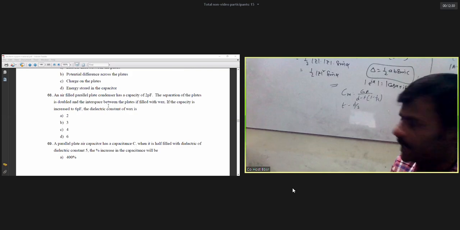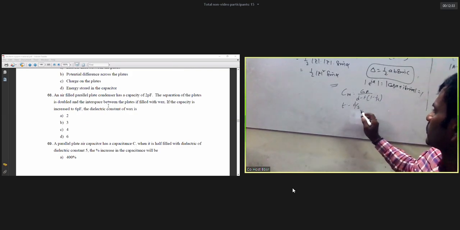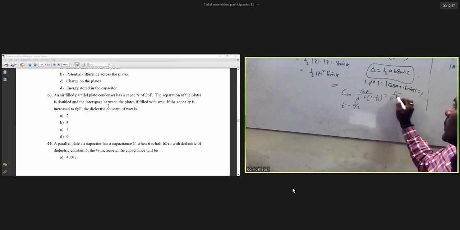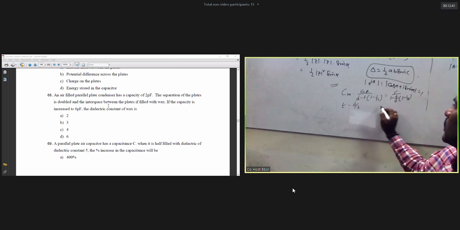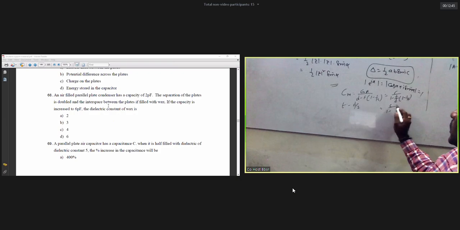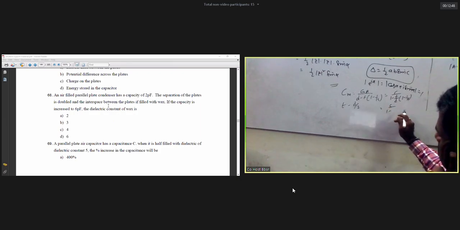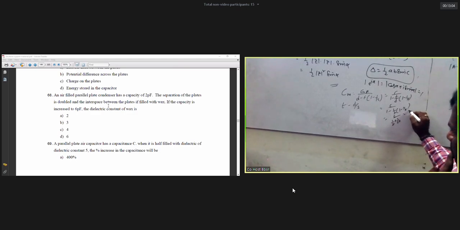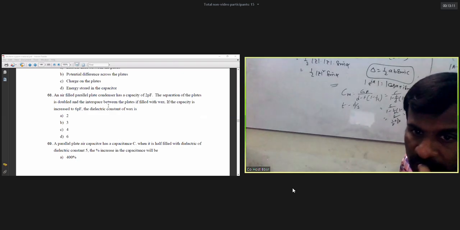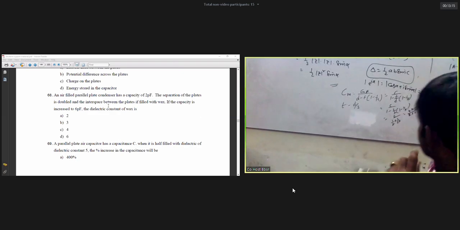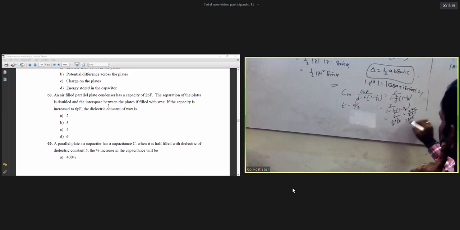C value is epsilon naught A by D. K value given is 5.